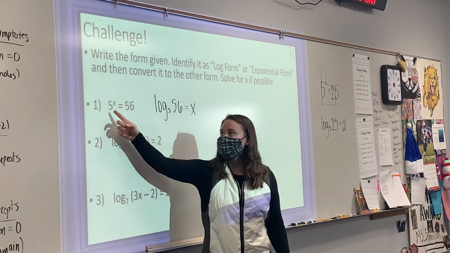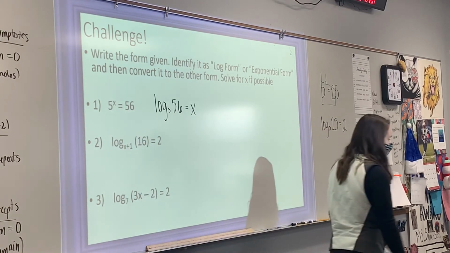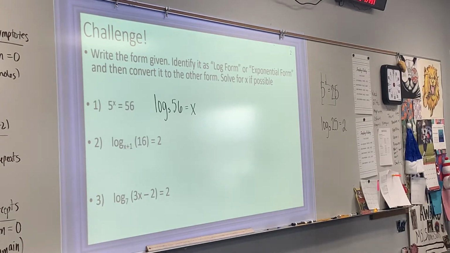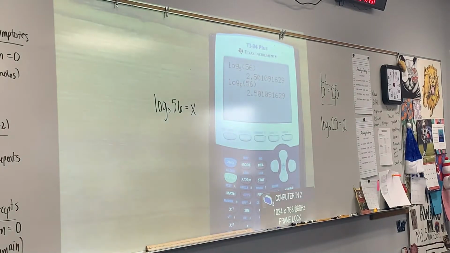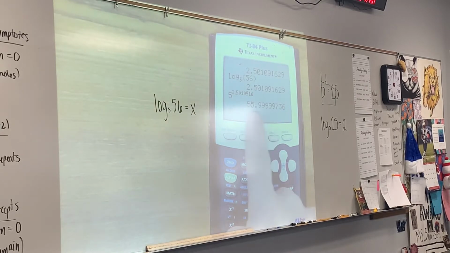So go ahead and try that. 5 to the power of 2.50109116, you see you get really close to 56. And the reason it's not exact is because there's an infinite number of numbers here, but it's still really close.